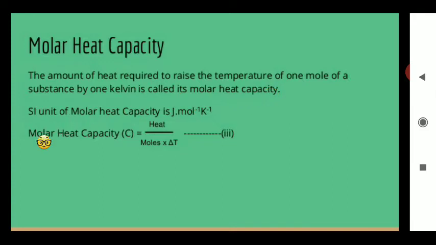So the molar heat capacity is equal to heat upon delta T upon moles. And this mole can be expressed as given mass upon molar mass. You know the small n, the mole, is equal to what? That is the given mass upon molar mass. If that quantity is placed here, then this formula can be modified further.